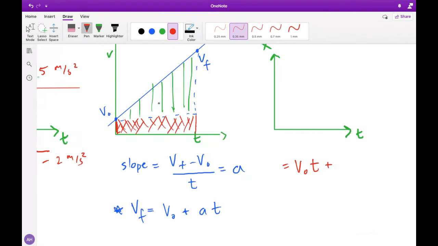Then we also have the area of this triangle here. The area of the triangle is 1/2 base, where the base is time t, times height. So this height here, from there to there, the height from here to here, is v final minus v initial.